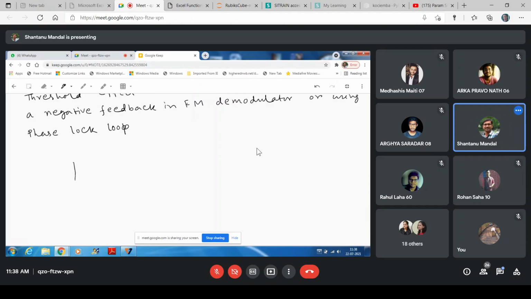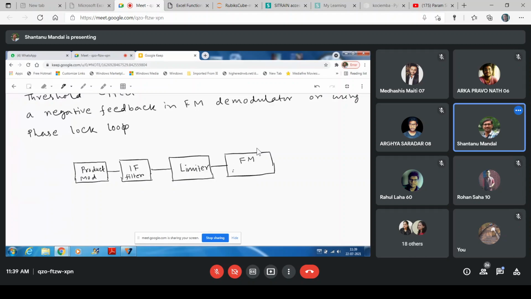Here we have one product modulator, one IF filter and limiter, an FM discriminator, and a low pass filter.